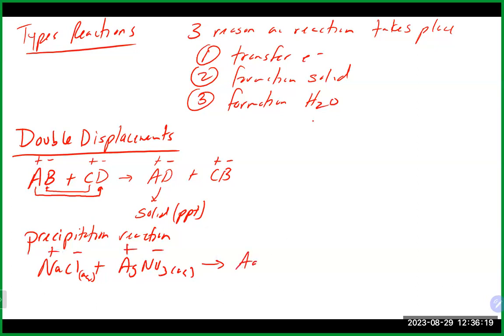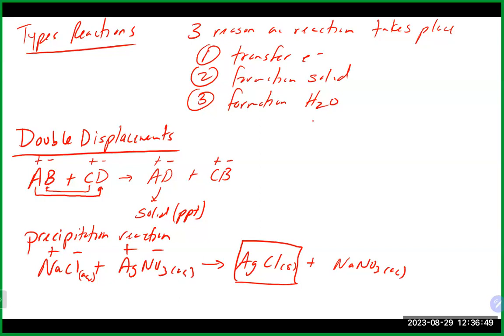You'll get some silver chloride plus some sodium nitrate. Right? And that will form a solid, which is a white solid that is formed based on solubility rules. As you know, right, chlorides, bromides, and iodides are soluble in everything except for lead, silver, and mercury, right? You also know that nitrates are soluble in everything, and things from group 1 like sodium are soluble in everything.